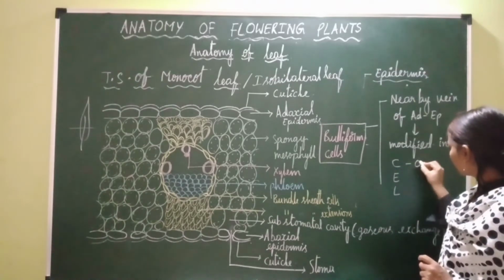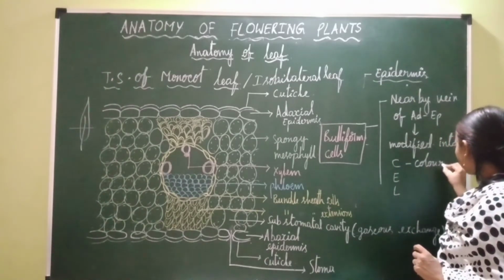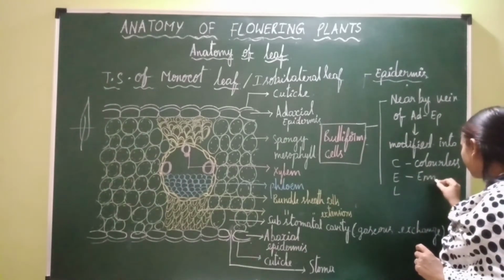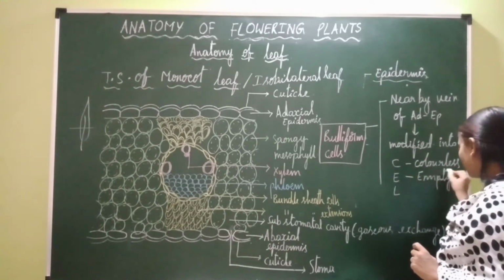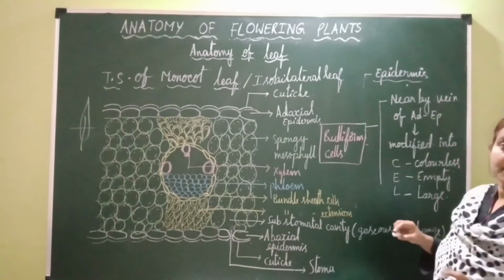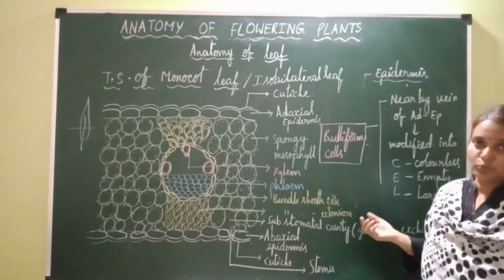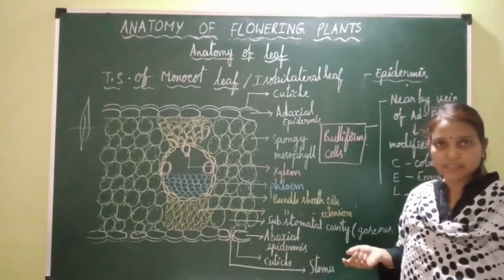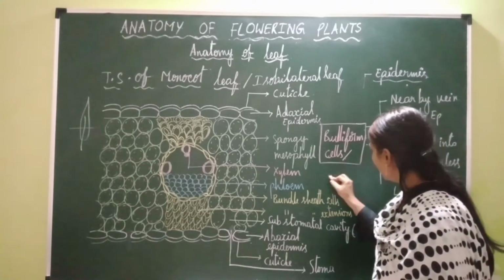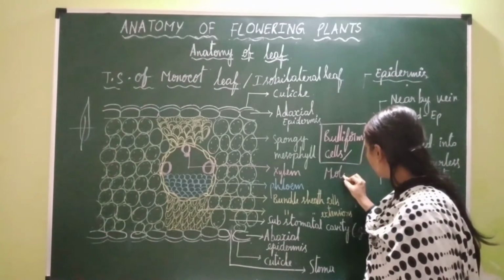So colorless, C for colorless, empty, large sized cells, right? Okay, I just repeat. In the upper epidermis of monocot leaf, special type of cells are present. These are called bulliform cells, which are also called motor cells, right?